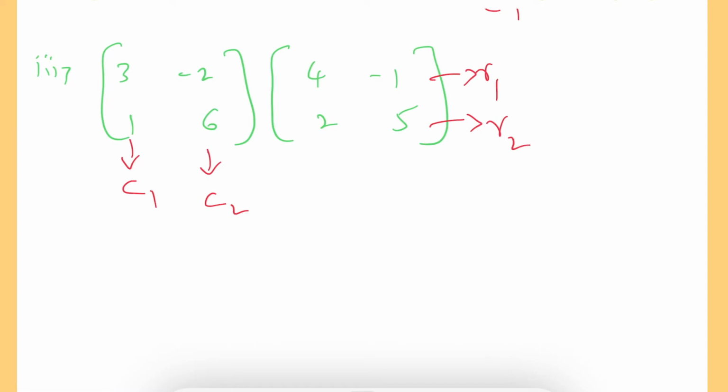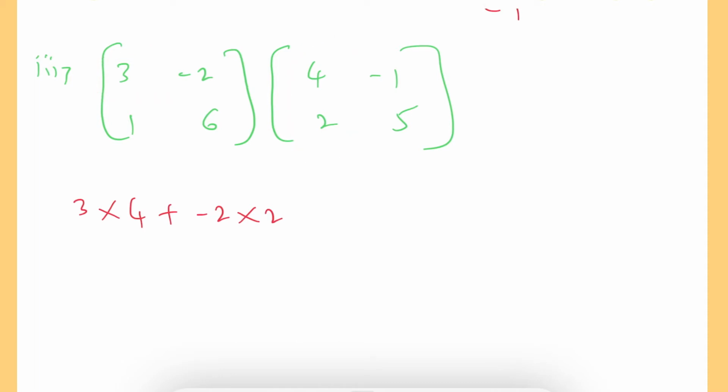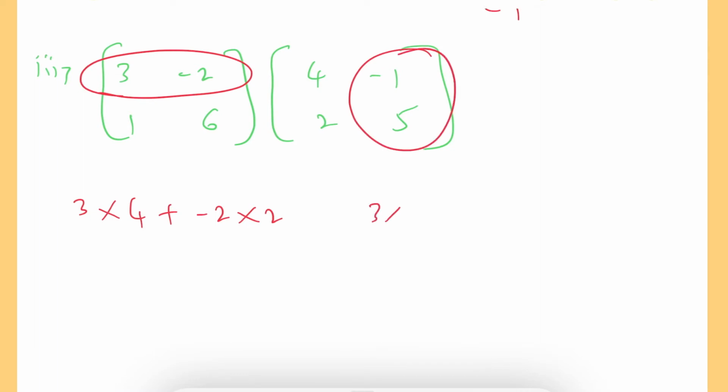Okay, number of columns and number of rows are matching, so we can do multiplication. First row multiply with the first column. 3 into 4 plus minus 2 into 2. Next, first row multiply with the second column. 3 into minus 1 plus minus 2 into 5.